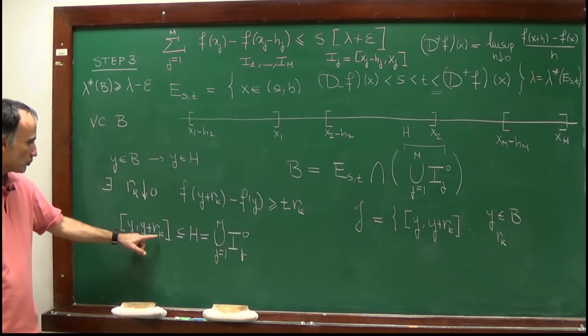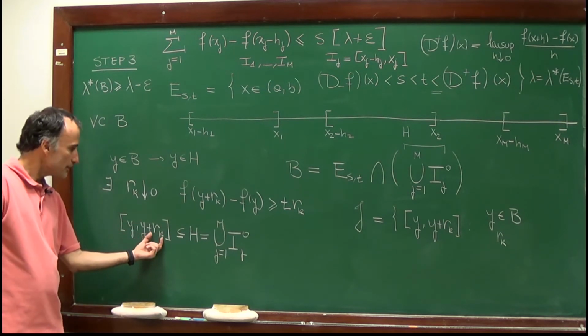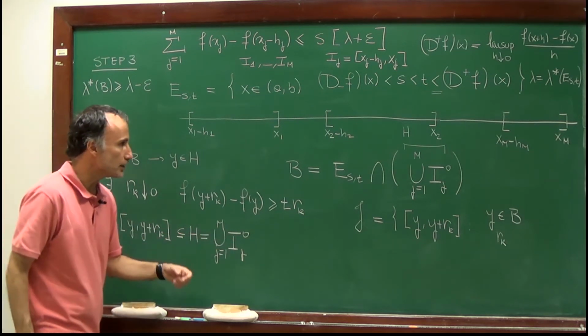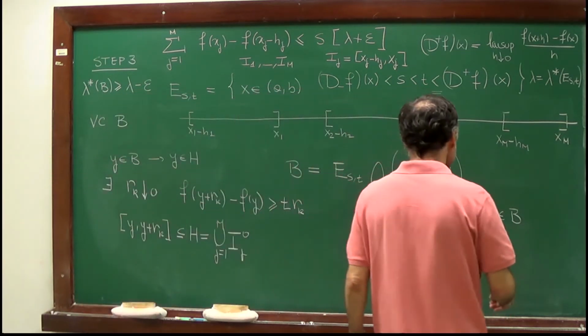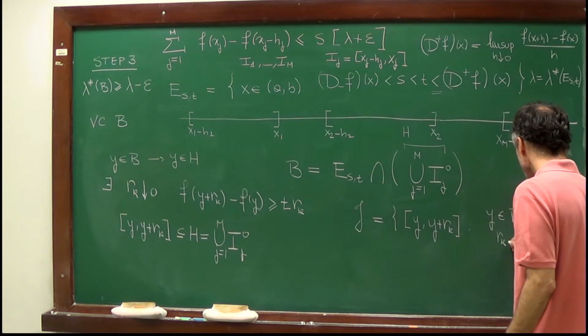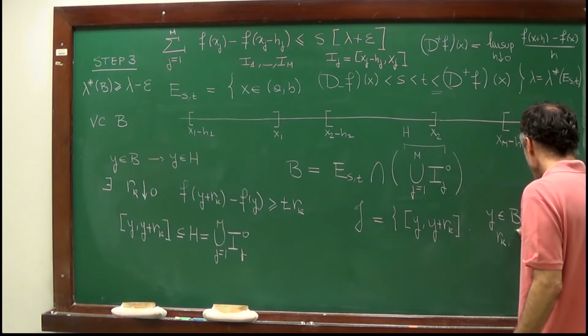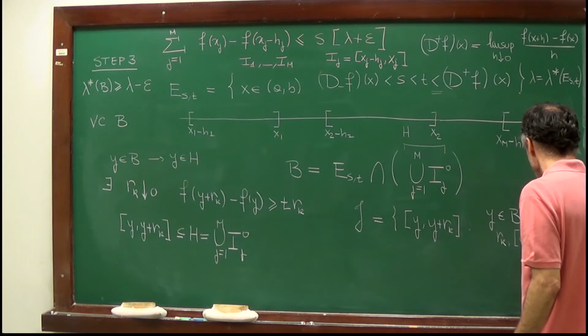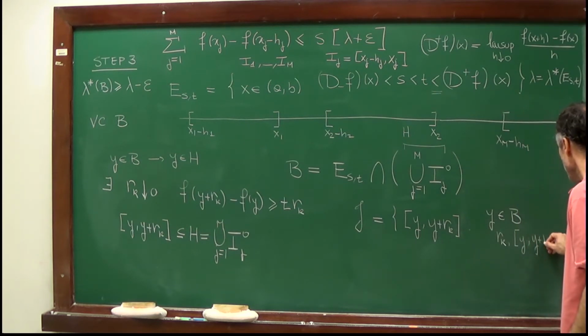So I want to retain only these r_k for which the interval y plus r_k is contained in the union of I_j.